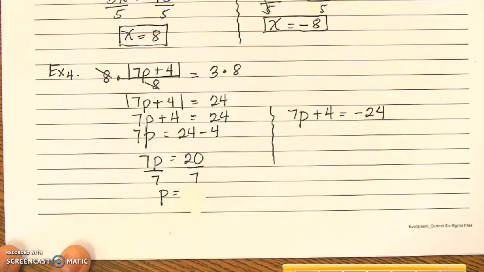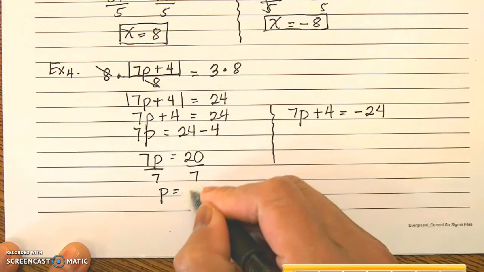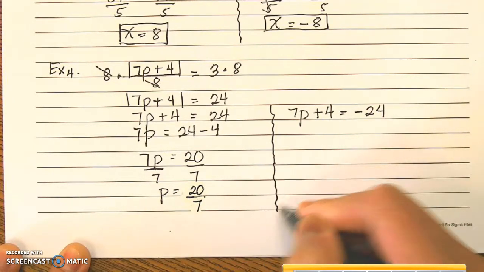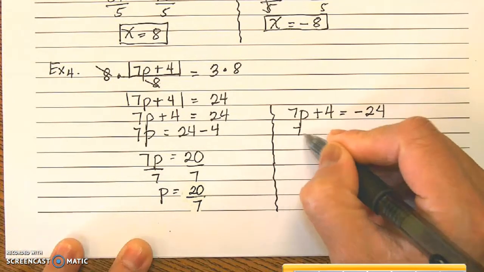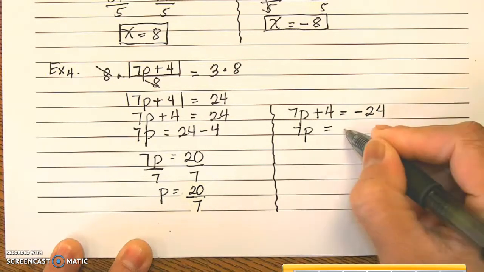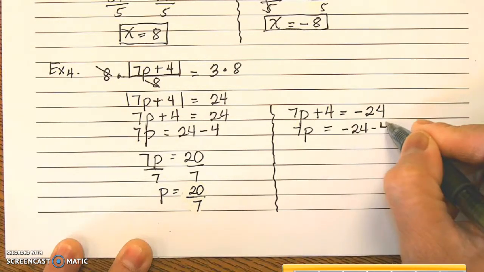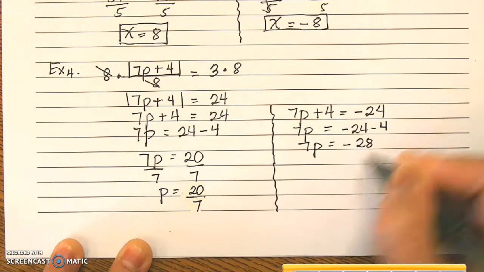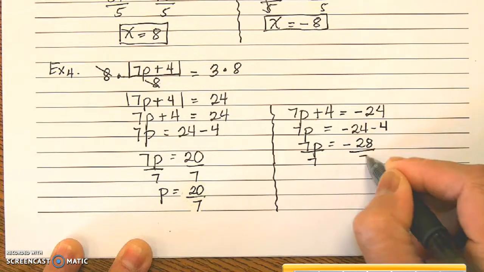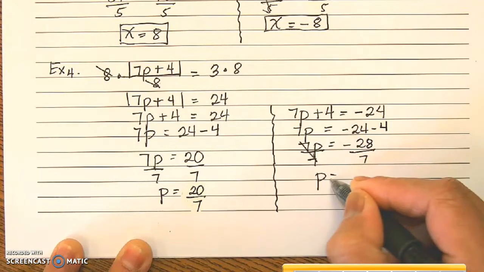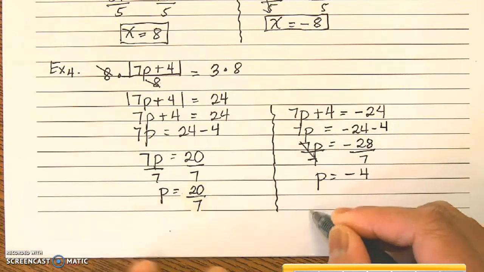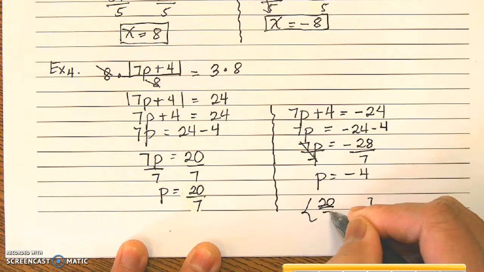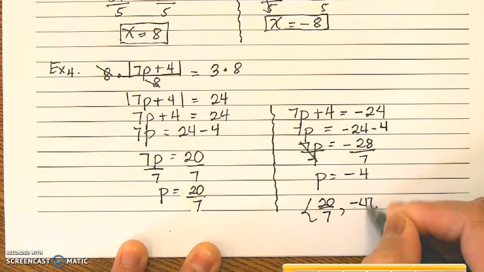So our final answer is 20 over 7 on this side. However, on this side, we're going to have 7p equals negative 24 minus 4. That is 7p equals negative 28. Divide by 7 on both sides. P is negative 4. So our answers for this example are 20 over 7 and negative 4.